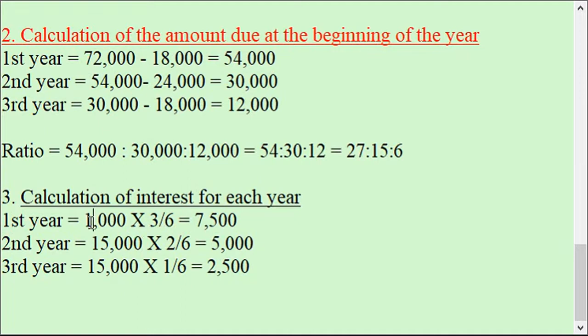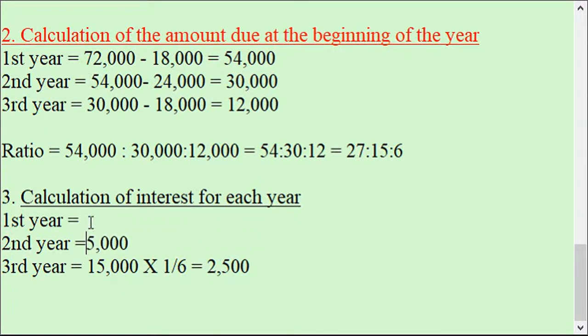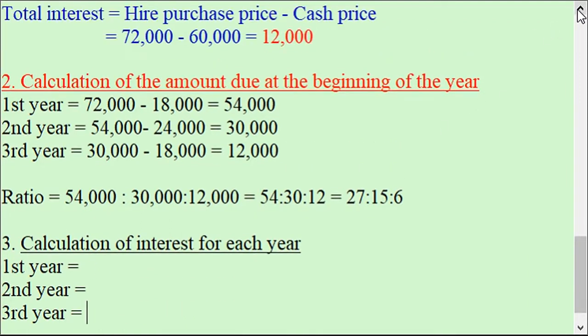So first year, total interest is rupees 12,000 into 27 divided by, 27 is for the first year, you need to divide by the total.